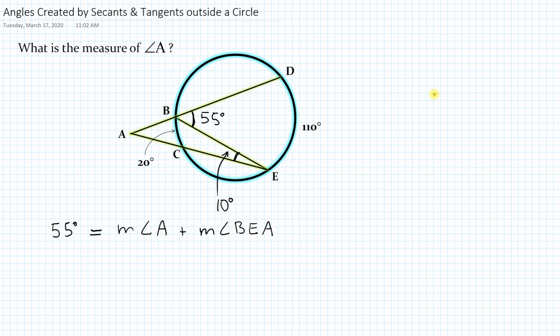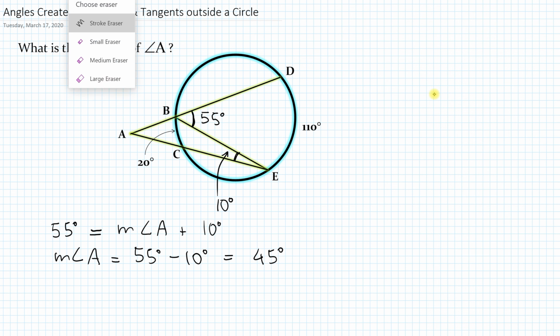But we know that the measure of angle BEA is equal to 10 degrees. So we can just write plus 10 degrees. So therefore, the measure of angle A is equal to 55 degrees minus 10 degrees, which is equal to 45 degrees. And that is basically the answer for the do now, okay? So that is it, 45 degrees.